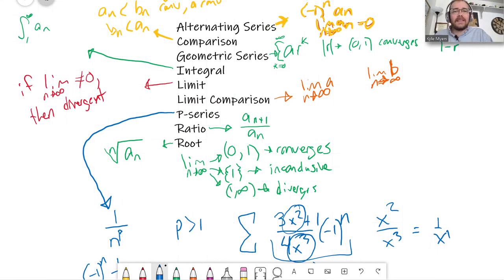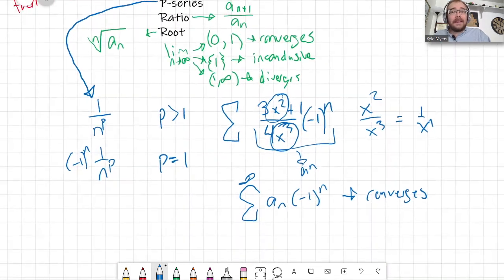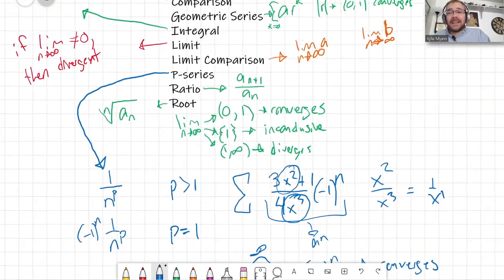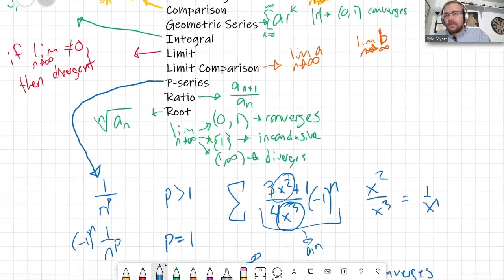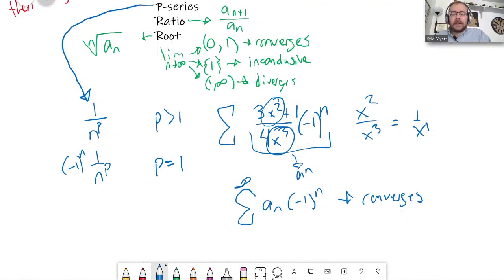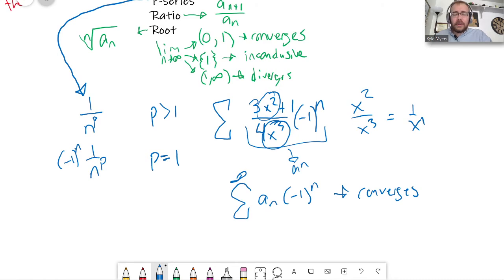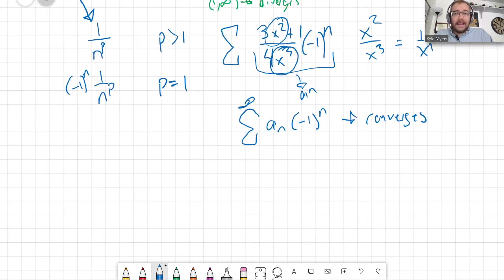The alternating series test basically says, hey, if the limit of the other thing is 0, then that means it's at least conditionally divergent. And then the negative 1 to the n pushes it over the edge, and now it converges. Conditionally converges. Okay, so that handles all of that.